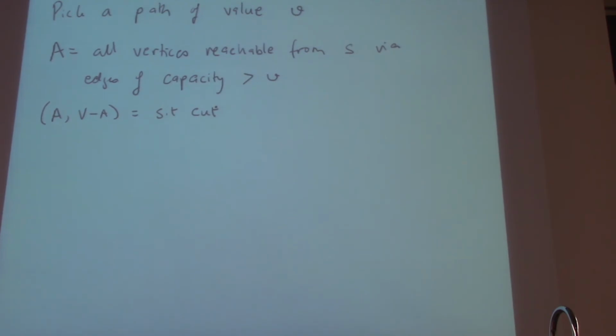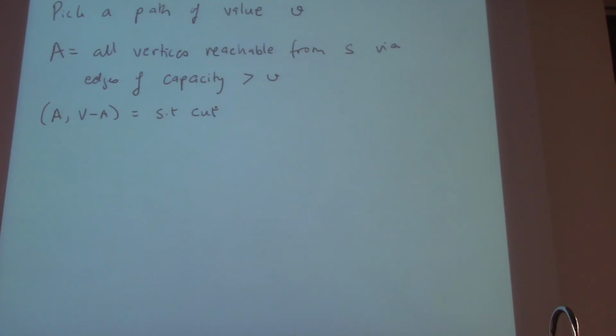So what do I have to show to prove that A, V minus A is an ST cut? What do I need to show here? Well, what is the definition of an ST cut? T should be separate. T should not be in A. Yeah, exactly.